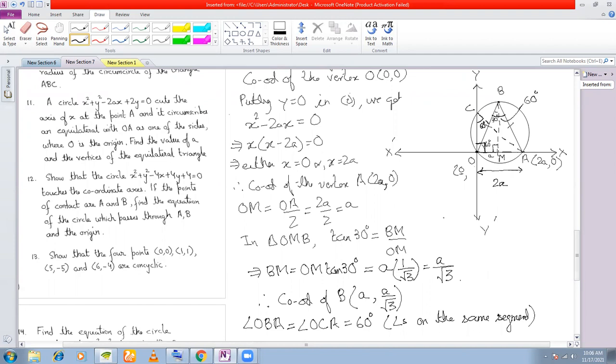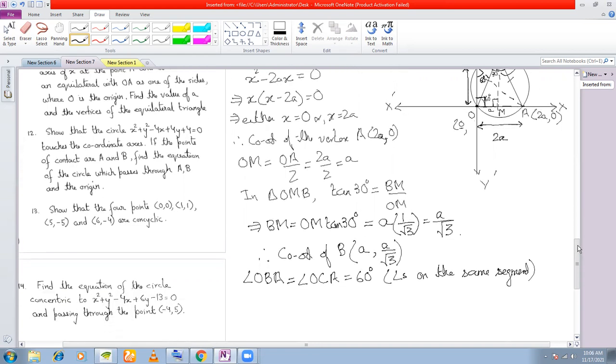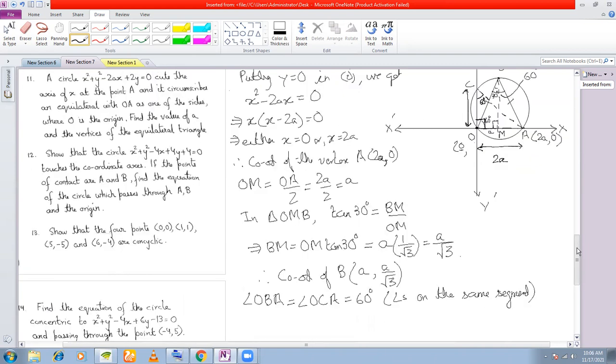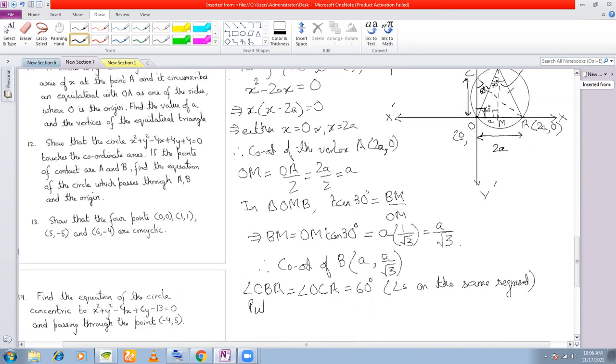Fine. And the length of OC, can we find out this length? Yes, we can find out this length because this length is nothing but the intercept cut by the circle on the y-axis, right? So let's find out the length of OC first. How do you find it out?